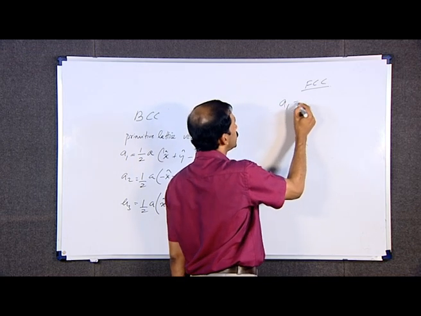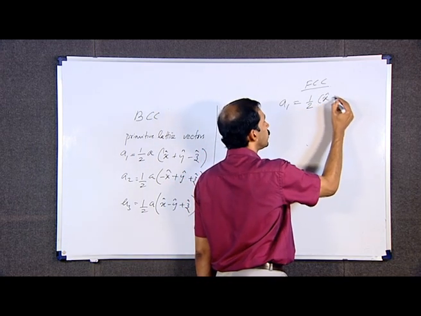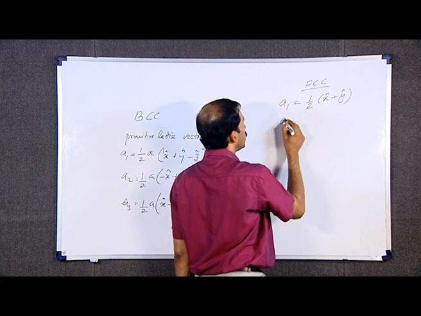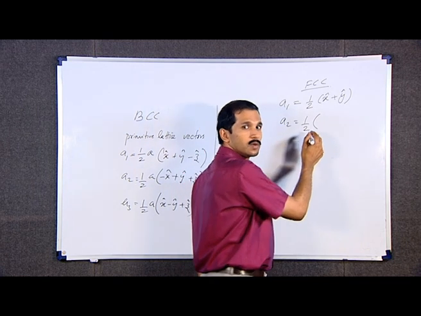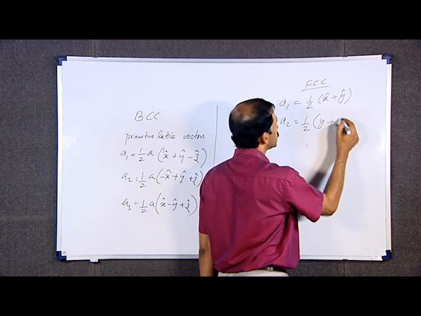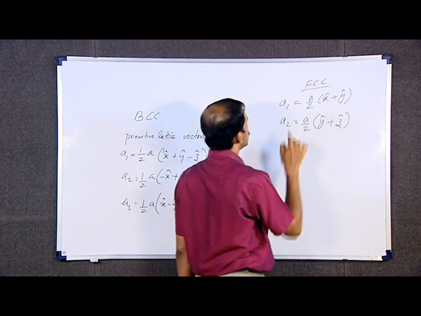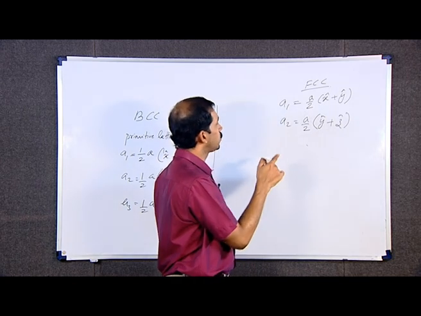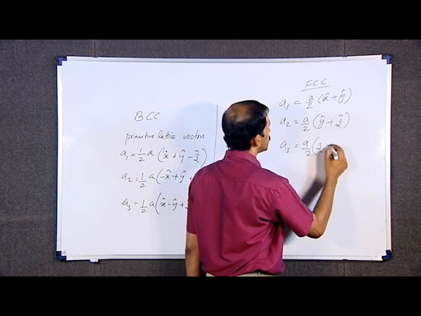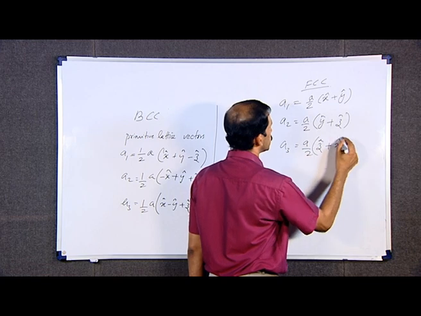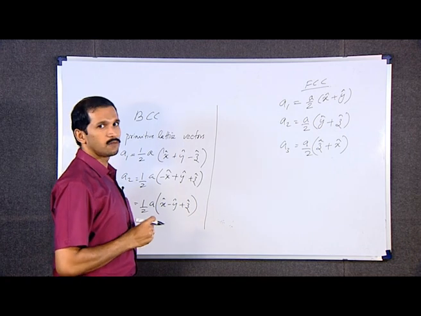A1 is equal to A by 2 into x plus y, A2 is equal to A by 2 into y plus z. Sorry, I forgot to put A there. And A3 is equal to A by 2 into z plus x. So, these are the primitive lattice vectors for the FCC.